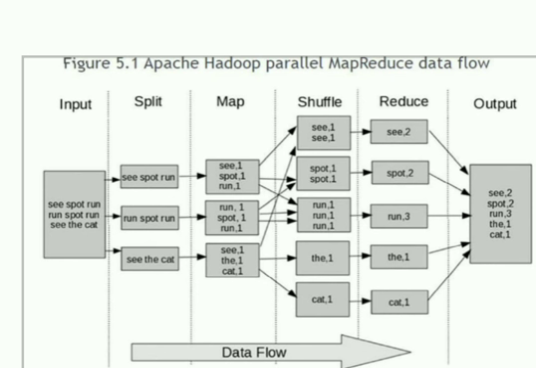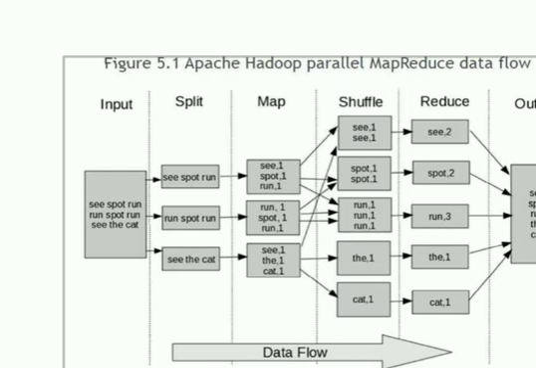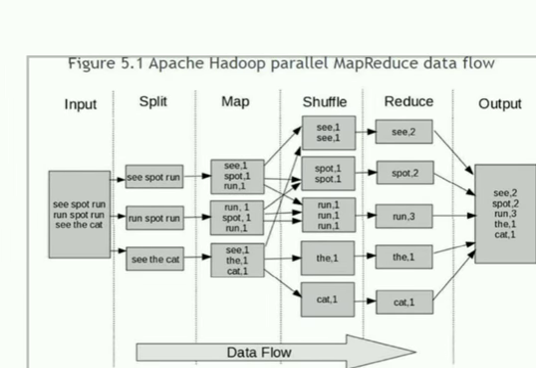We call that rack awareness, which we have already seen: if the data is stored in a nearby node, we will take that node and process it. Next is the combiner step.